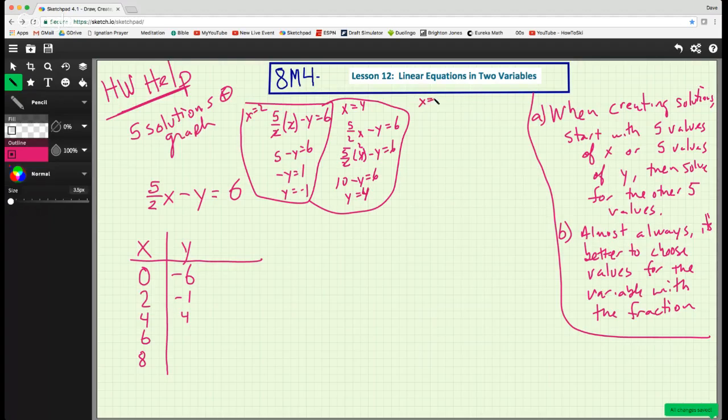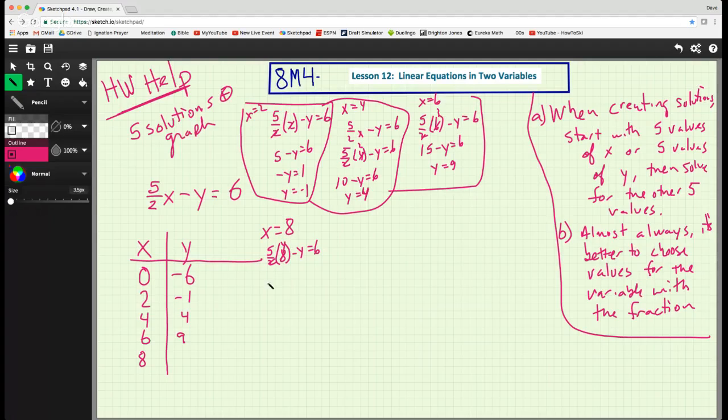Now when x equals 6, I get 5 halves of 6 minus y equals 6. Cancel, cancel, 3. 15 minus y equals 6. Y equals 9. Now let's try x equals 8. 5 halves of 8 minus y equals 6.